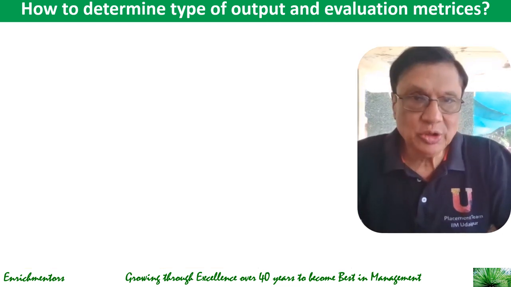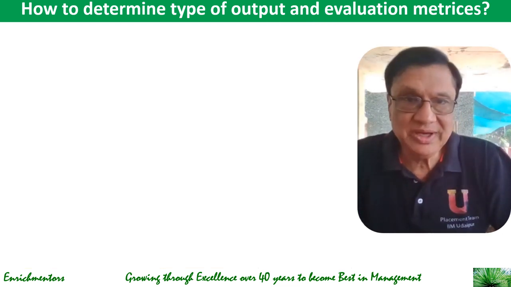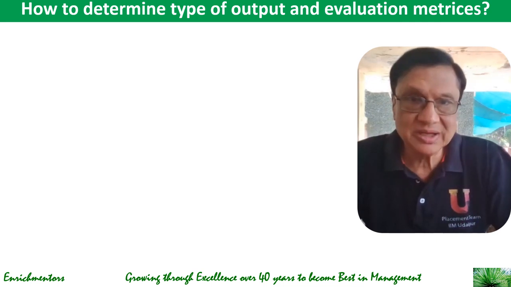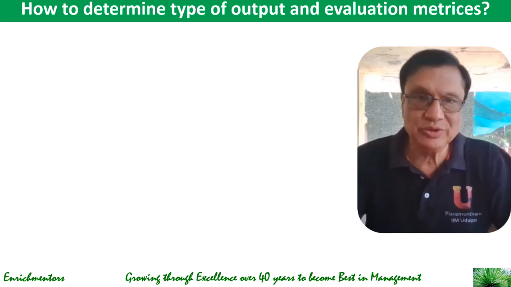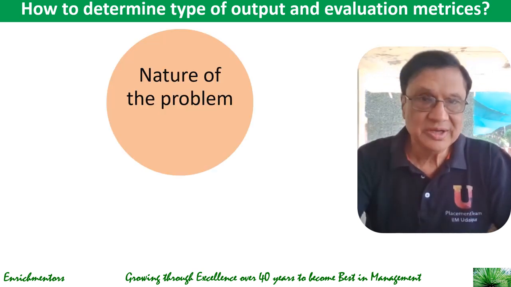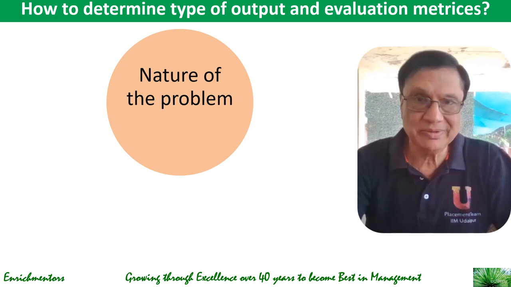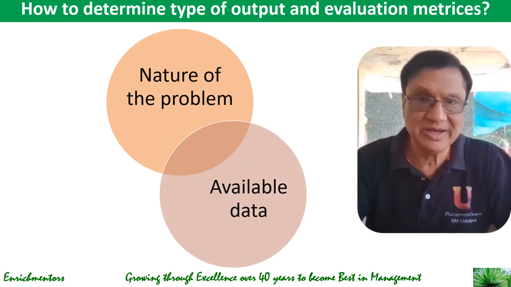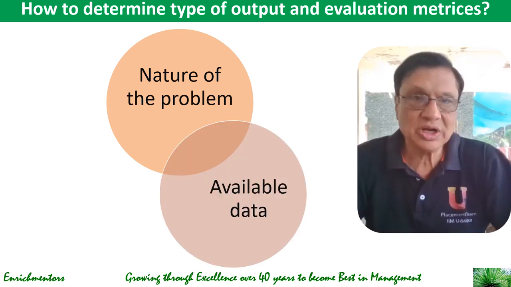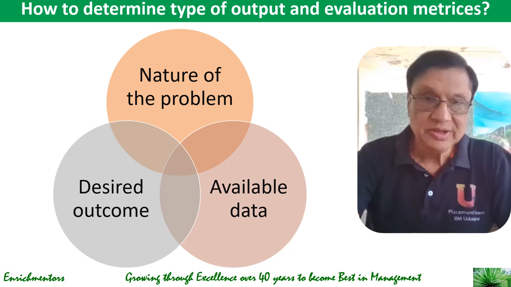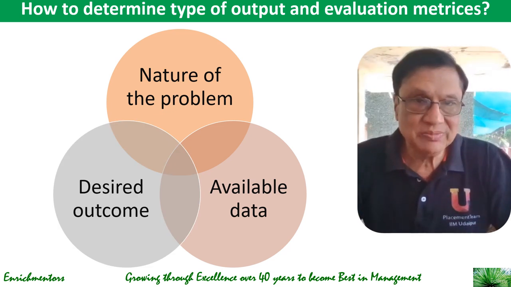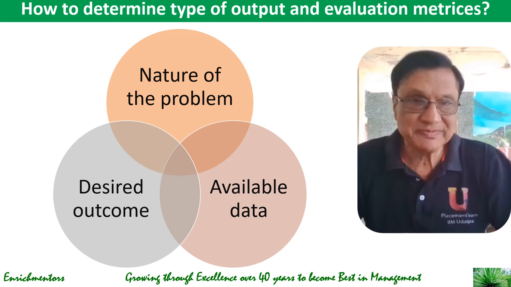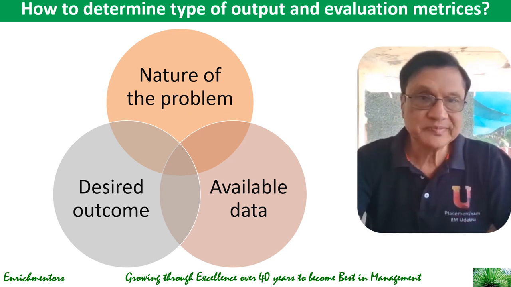Determining the type of output, for example classification, regression, or clustering, and selecting the appropriate evaluation metrics depends on the nature of the problem that you have, the available data that you have, and what outcome you want. Now, how can you determine the type of output and select suitable evaluation metrics? Let's take a look at that.